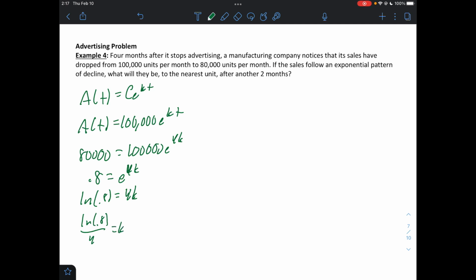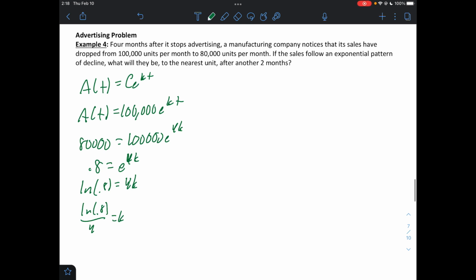And I'm going to use a decimal again for this. So k is negative 0.0557858878.